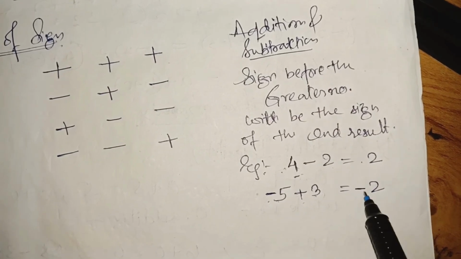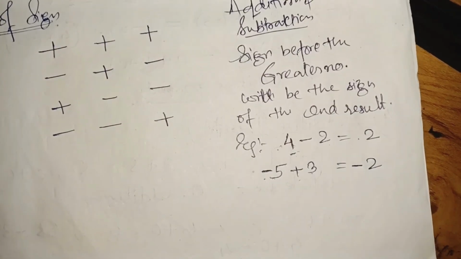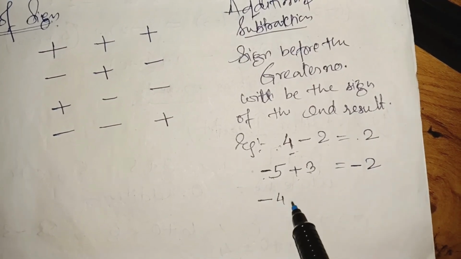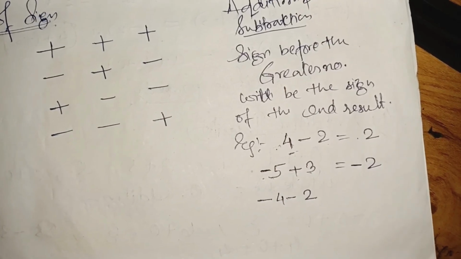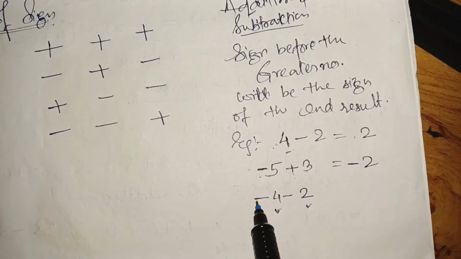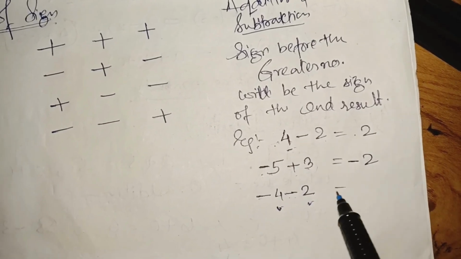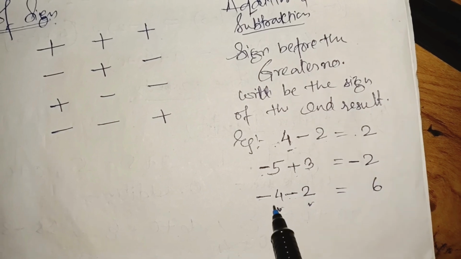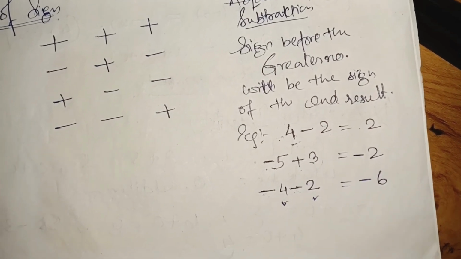So the end result will have a negative sign. But if we have both the numbers as negative, then what we will do? In this case, we will add the numbers. If both the numbers have a negative sign before them, then we will add the numbers. 4 plus 2 is what? 6. And we will put the negative sign there in the end result.